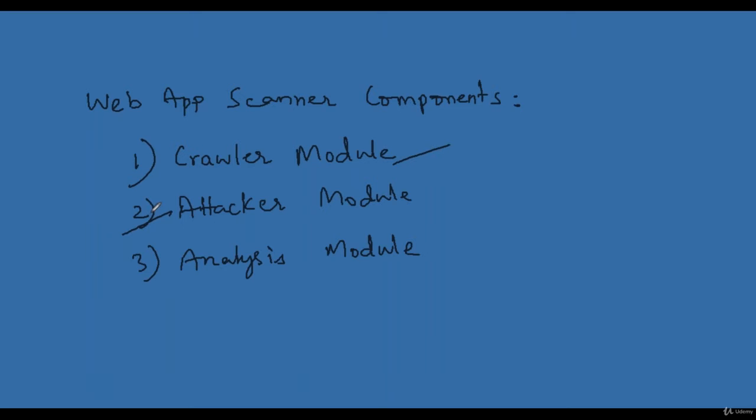So it performs various types of attacks on your application and sees whether your application is vulnerable or not. Based on the results that the attacker module finds, the analysis module creates a complete analysis and gives you output, maybe in a PDF file or XML file.